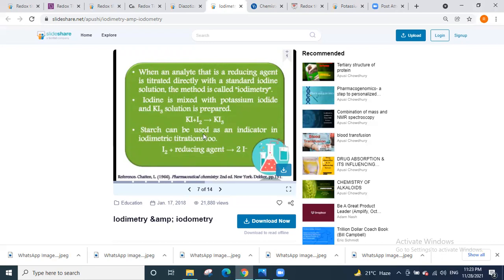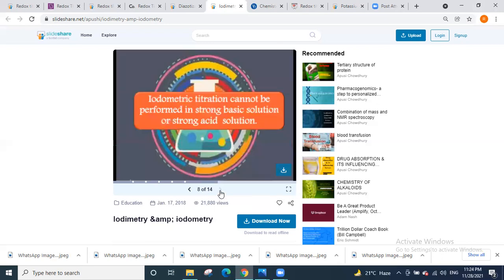Starch is used as an indicator, because starch combines very well with iodine. Iodine, with the help of a reducing agent, converts into 2 iodide. Two electrons are involved in its oxidation and reduction.